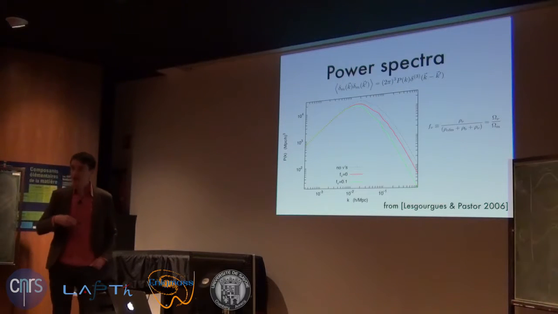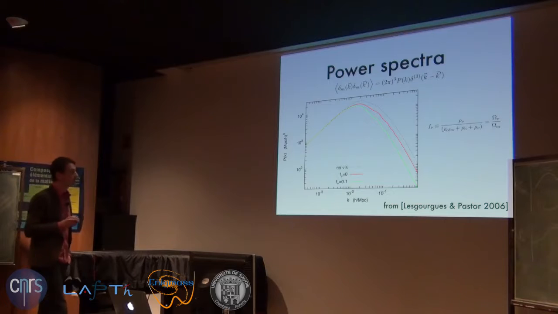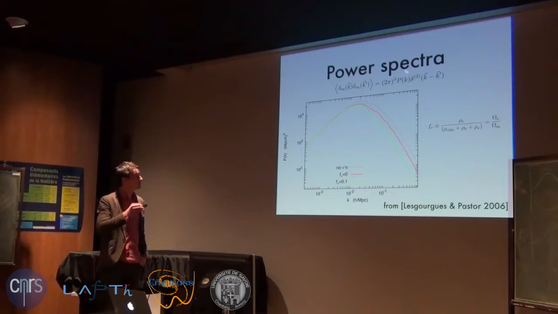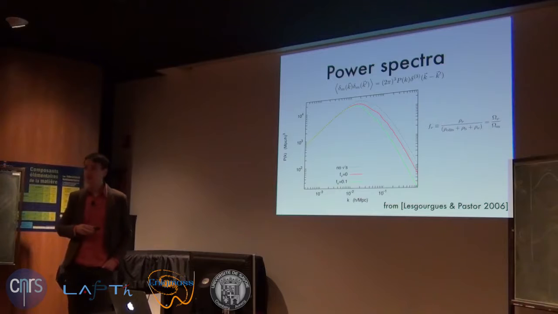And without explaining the rest of the many more details, you then get a power spectrum for the matter perturbations in the universe. So first, let me remind you what the definition is. The power spectrum fundamentally is the amplitude of the two-point correlations in Fourier space.